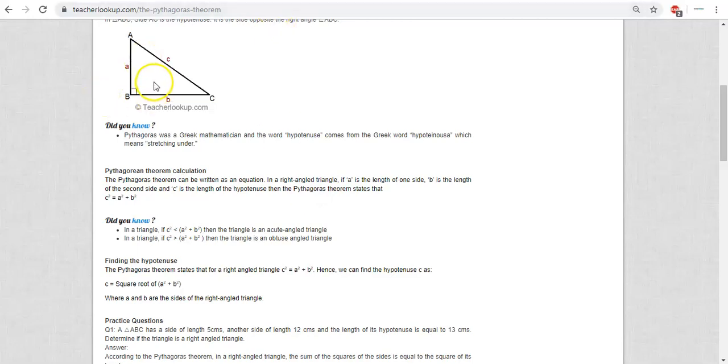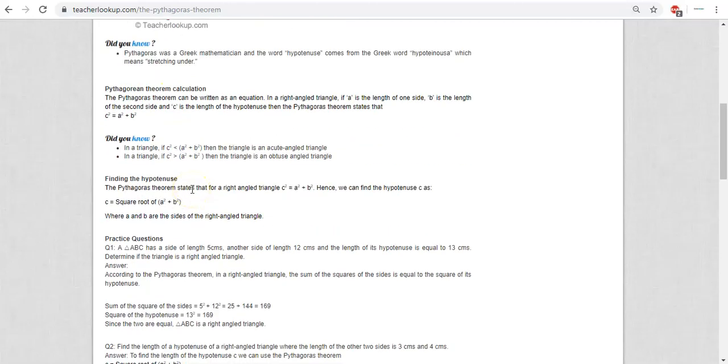So you can again refer to this example. So C squared here will be equal to A squared plus B squared. It's fascinating, right? I wonder how Pythagoras figured this out.